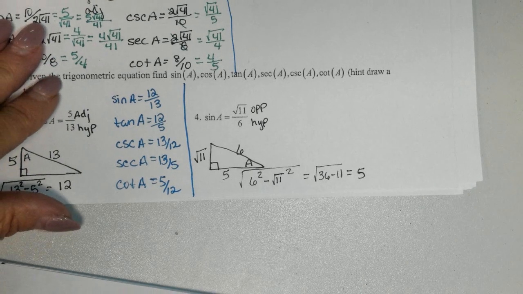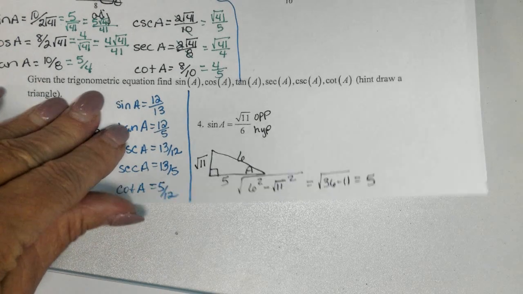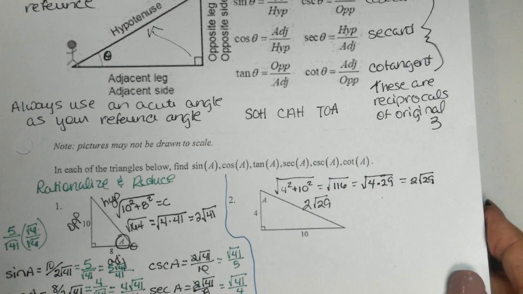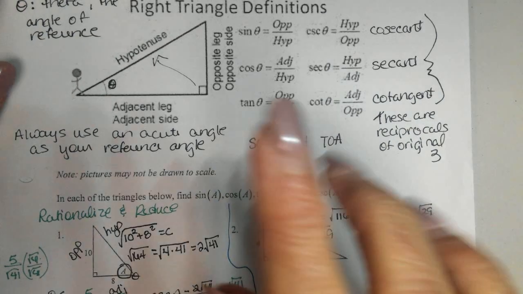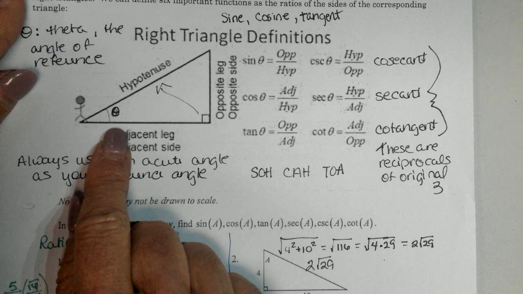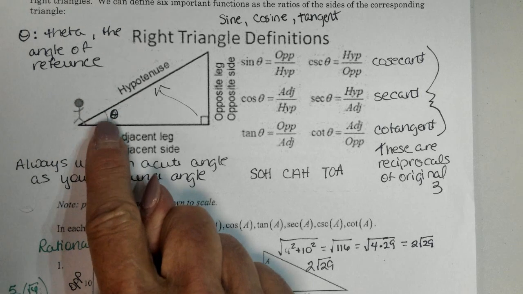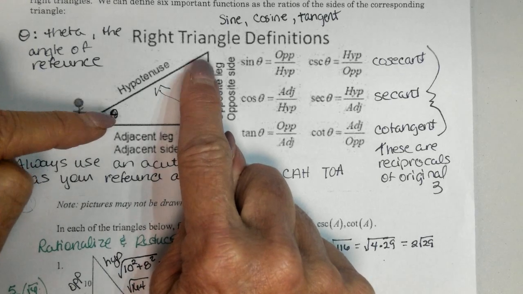All right. That is the main thing that I needed you to learn from this lesson, is to make sure you understand that when you're writing a trig ratio, you have to have an acute angle to start with. Pick one. Either one.